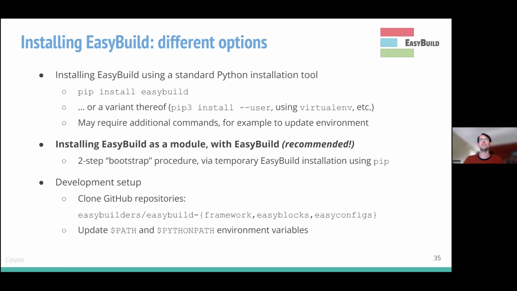And then with that EasyBuild, you can install an EasyBuild module. And the third option is to do a development setup. So then basically, if you want to help with the development of EasyBuild, you clone the GitHub repository that you're interested in, and you update your PATH and PYTHONPATH accordingly so that EasyBuild can find the Python files from that repository. We won't go into the last option, but I'll show you the first two options.